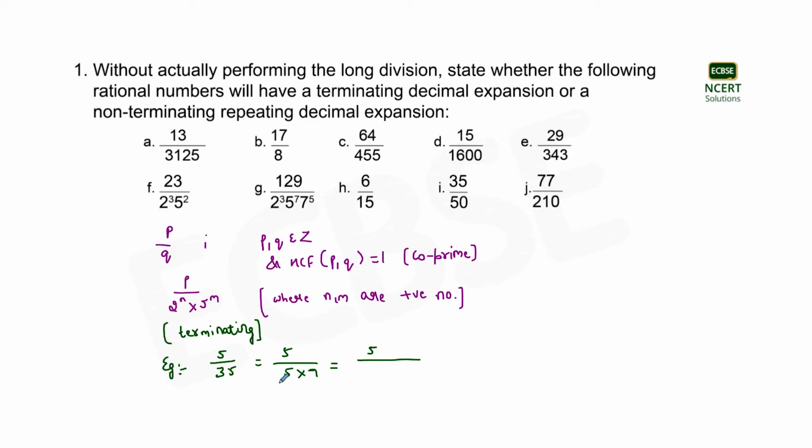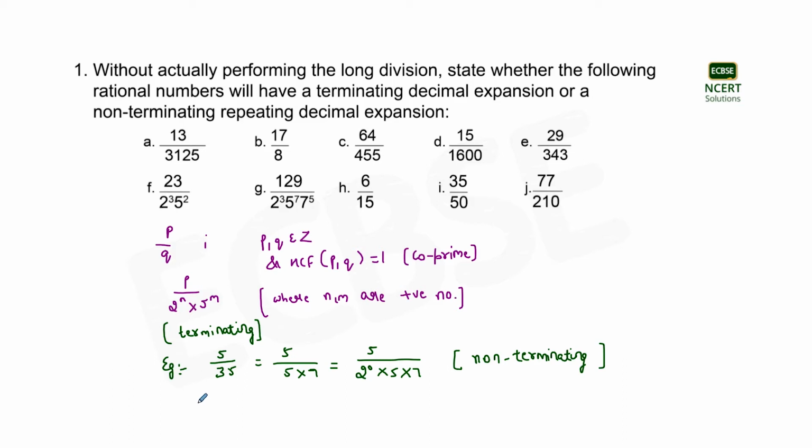So we can write 2 raised to power 0, which doesn't make any difference, into 5 into 7. Now if we clearly observe the denominator, we have factor 7 along with the factors 2 and 5. As we know, if in the denominator there comes another factor along with 2 and 5, then that number will definitely have a non-terminating repeating decimal expansion. Got it?